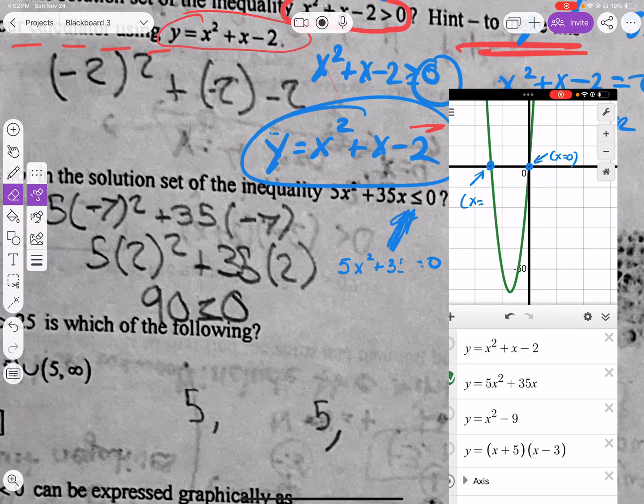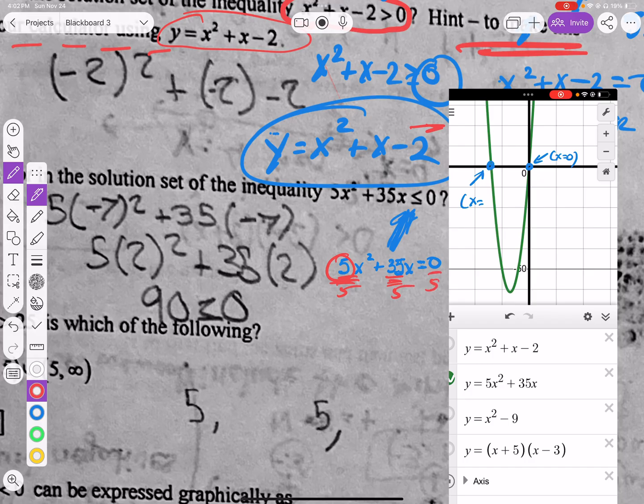There's another x in here, okay? So this is like solving a quadratic equation, which you've done and we've been working on because we've seen those lessons. And so if I wanted to solve this equation, for example, and find it 0, I would first look to check for a GCF, and I can see 5 and 35, they're both divisible by 5. So I could reduce this equation like so.